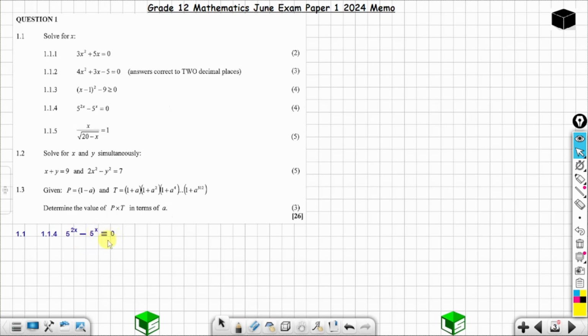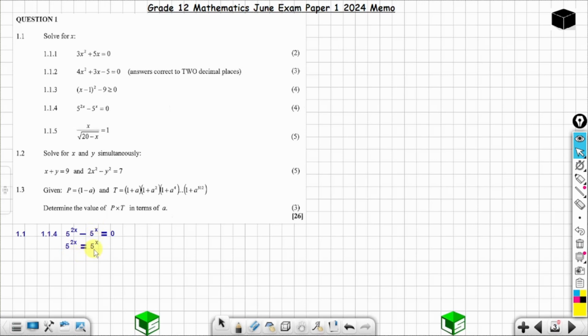There are many ways that you can use to solve this question. Okay, so let me use this way. You have 5 to the power of 2x. I'm going to take this to the right side. Okay, 5 to the power of 2x is equal to, now you have 5 to the power of x.